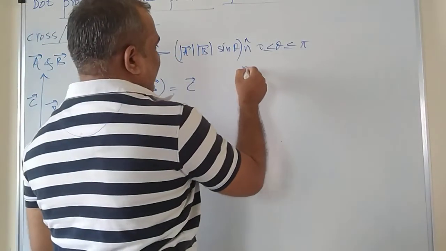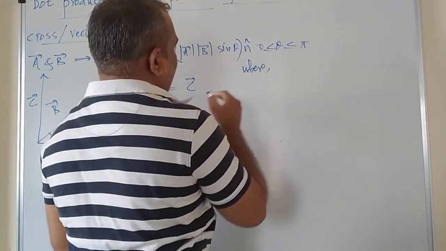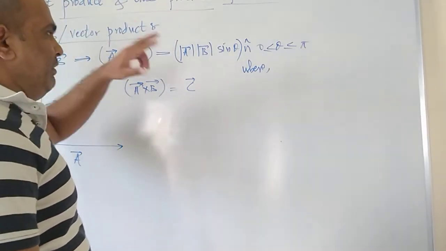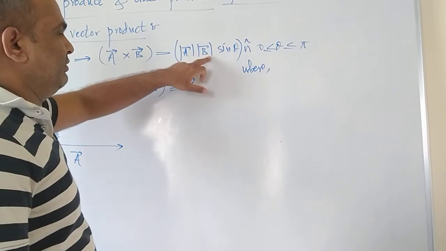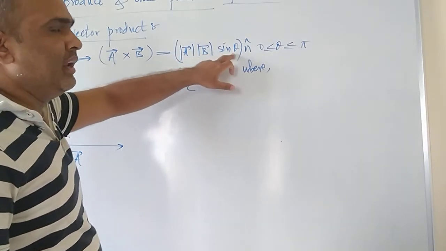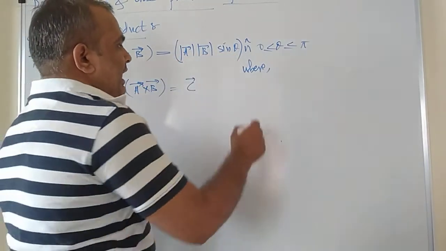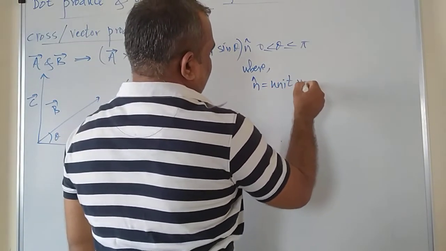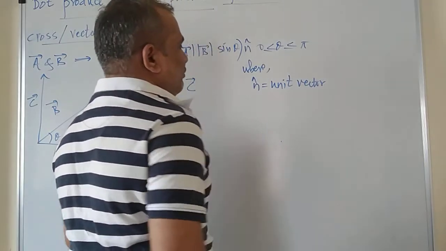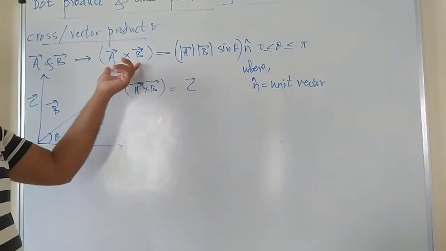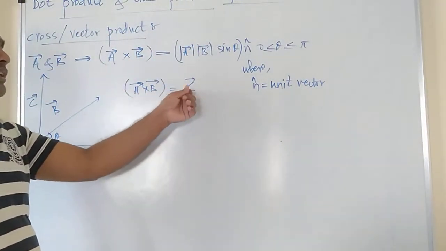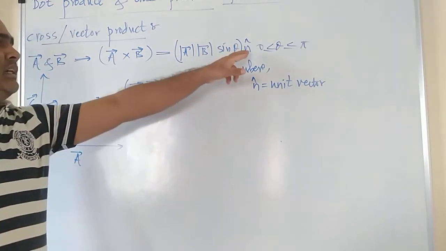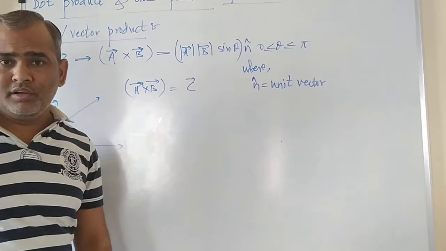Where mod of A bar is the magnitude of vector A, mod of B bar is the magnitude of vector B, theta is the angle made between the two vectors, and n cap is a unit vector which gives the direction of the cross product, because the resultant quantity will be a vector only. So its direction is calculated using the unit vector.